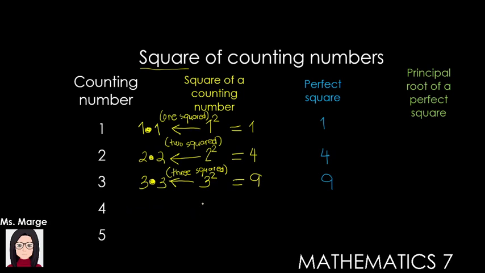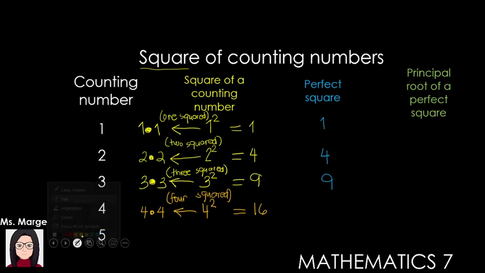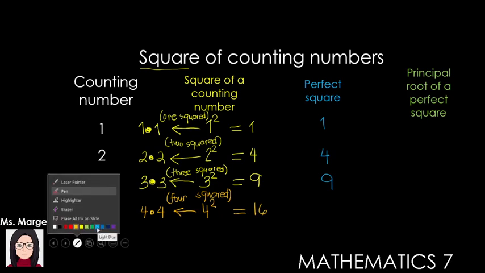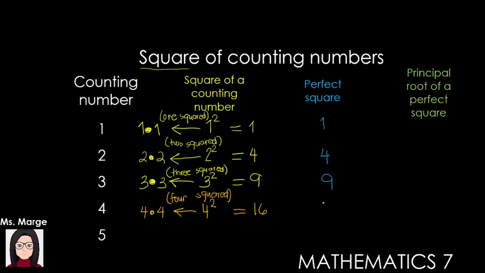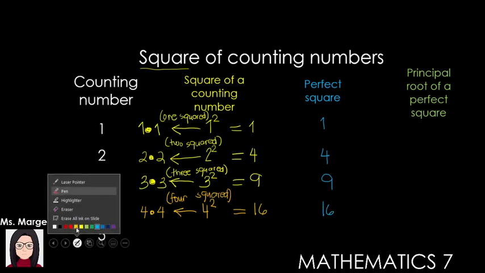So, 4. You have 4 squared. Okay na yan. So, 4 times 4. At mukhang haba ang ating lecture. That will be 16. And 16 is a perfect square number. Ganyan po yung pag-discover. Pinapakita ko yung paraan kung paano mag-discover ng mga numbers, patterns po.